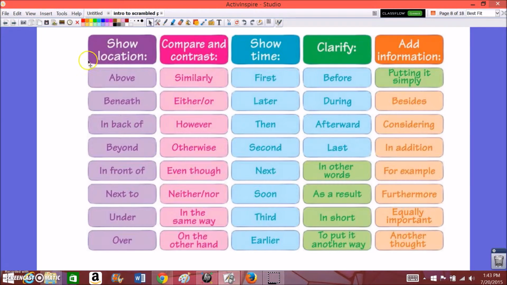You can have transition words that show location, that compare and contrast, that show time, that clarify, that add information. This is just a general idea of very common transition words. Transition words are very important when linking together your scrambled paragraphs, so you definitely want to pay attention to them. Those can be key to figuring out what sentence hooks up with another sentence.